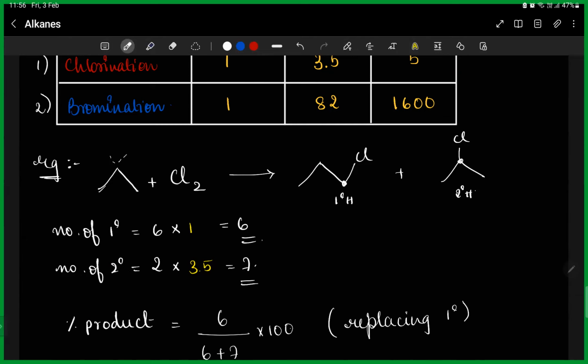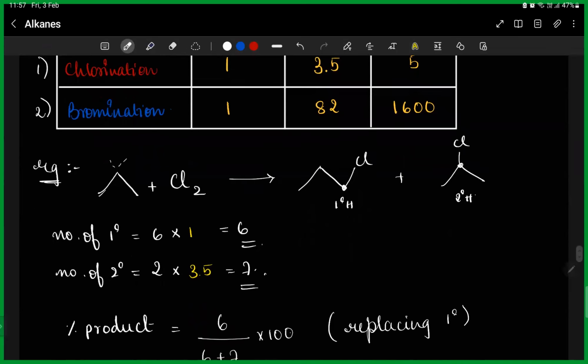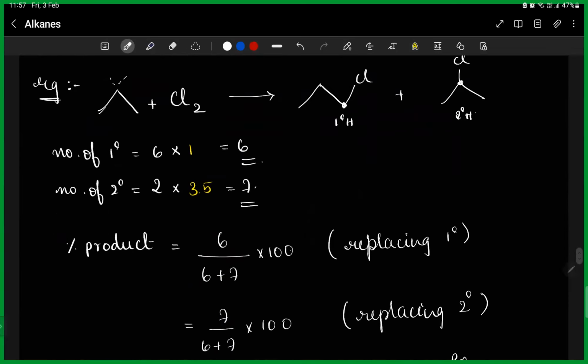So the probability is that the chlorine can attack the primary hydrogen or the chlorine can attack the secondary hydrogen. We have seen a reactivity table here. What will be the reactivity of the 6 hydrogens? It will be 6 into 1 for the primary hydrogens. What about the secondary hydrogens? Each hydrogen can contribute up to 3.5 reactivity. So 2 into 3.5, so 7 will be the reactivity of the secondary hydrogens. So we will find the percentage of product.